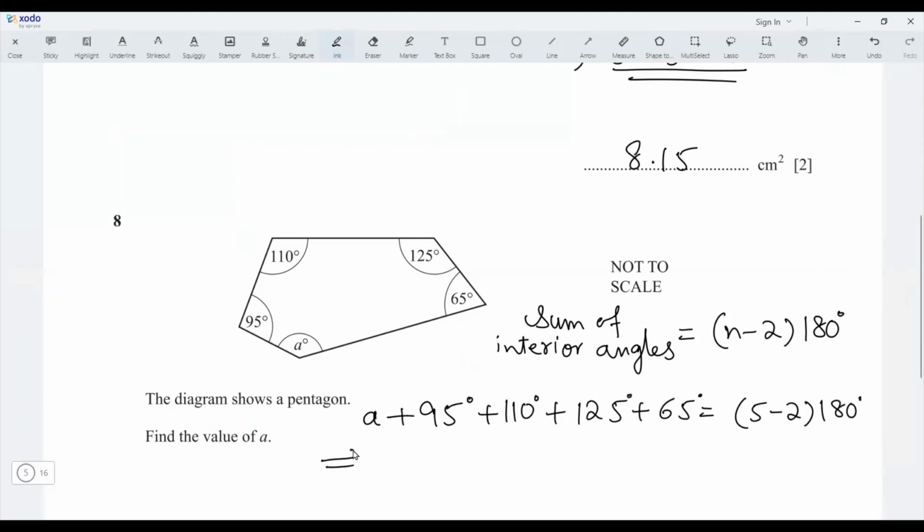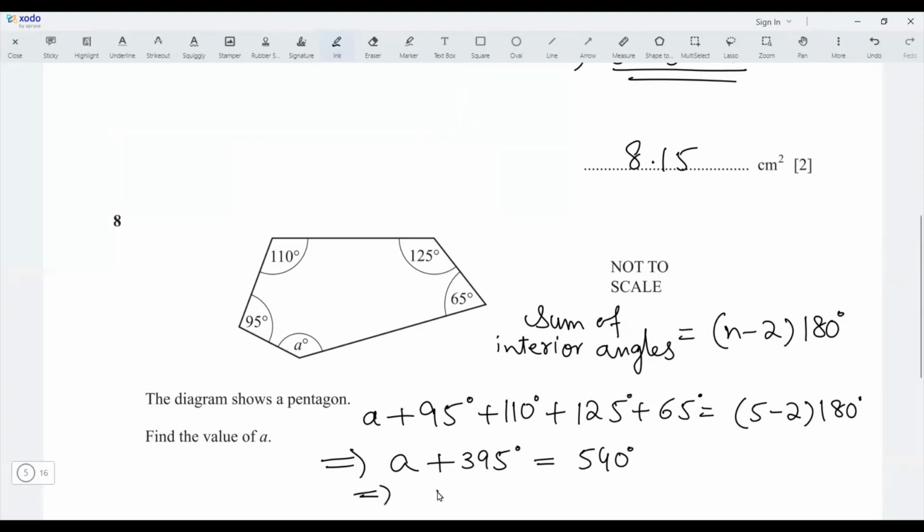So you have to add all of these angles. 95 plus 110 will be 205, and 205 plus 125 must be 330, and adding 65, it must be 395 degrees, the summation of all of the other angles except A. So 5 minus 2 is 3. 3 times 180 results in 540 degrees.